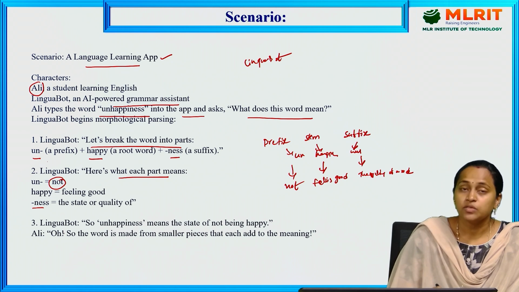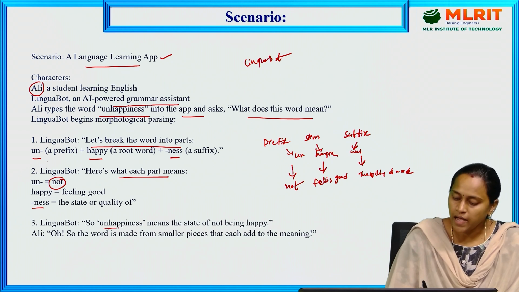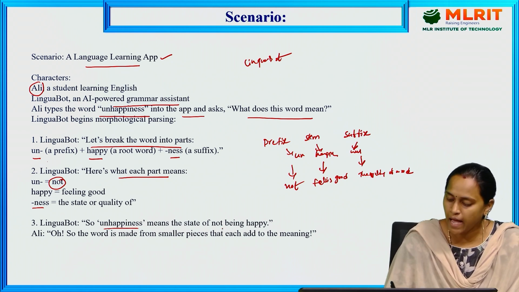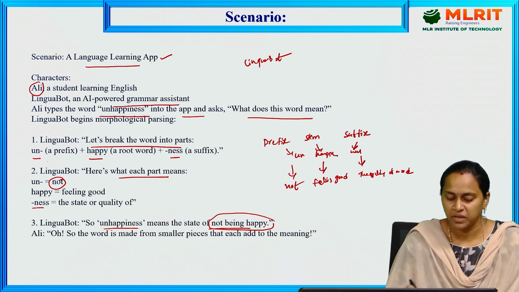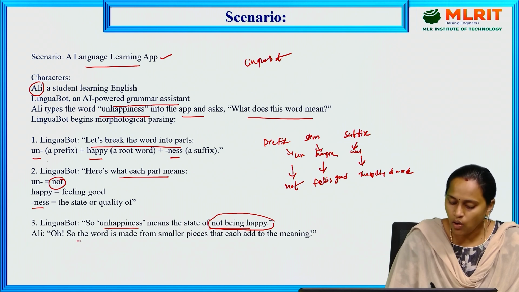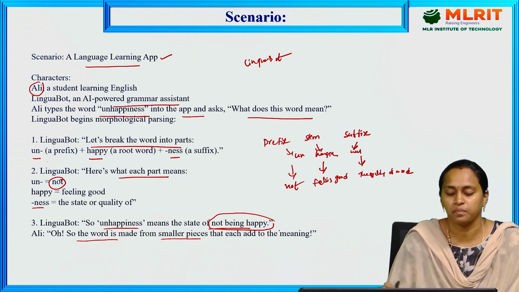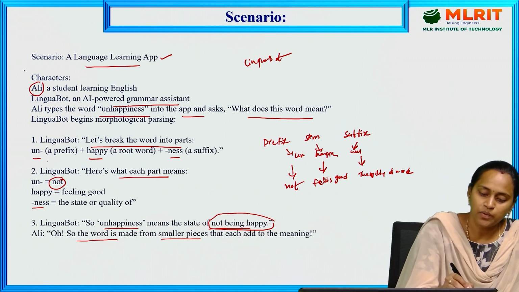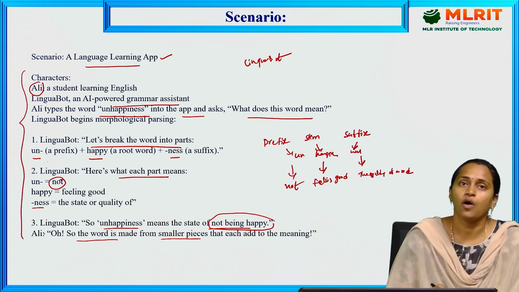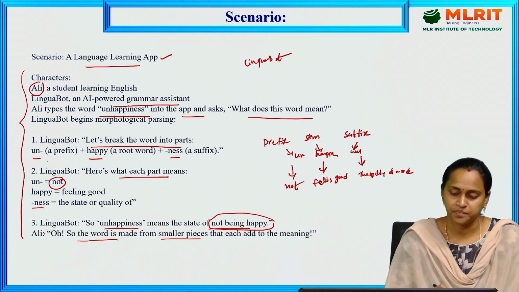So finally, LinguaBot says unhappiness means state of not being happy. This is the final answer the chatbot will give. Ali will understand how the word is made from smaller pieces that each add to the meaning. This is a real-time scenario of how morphological parsing works.